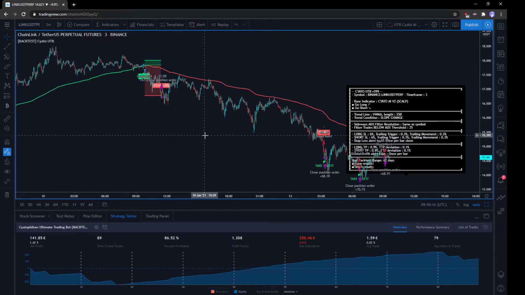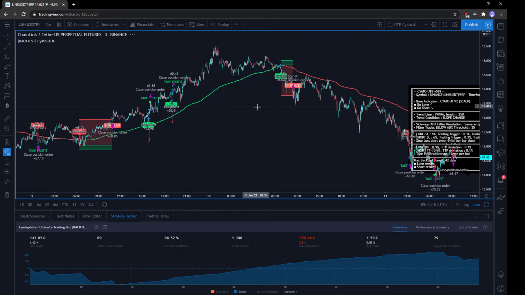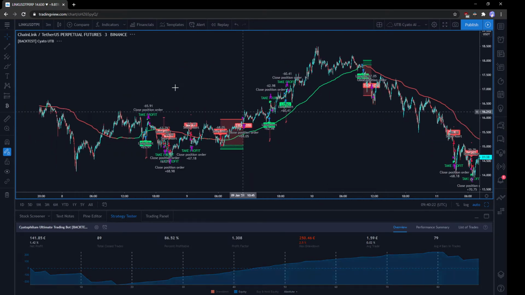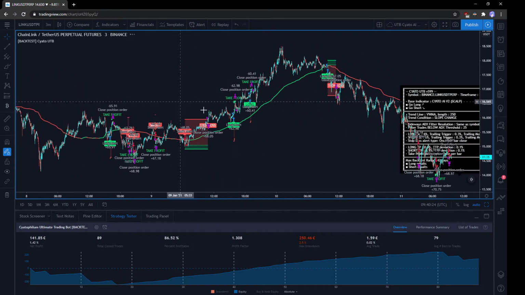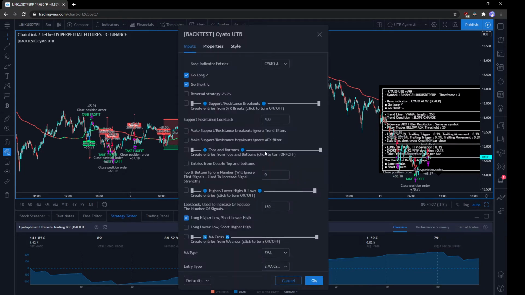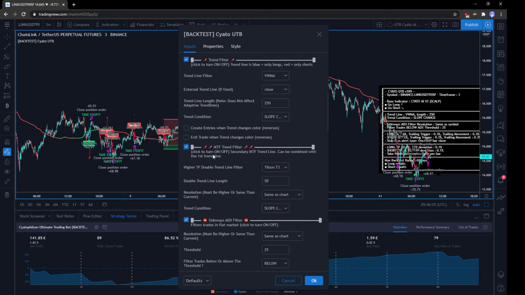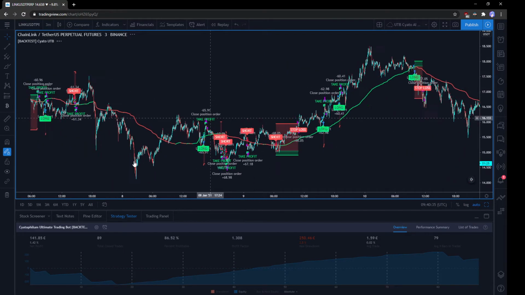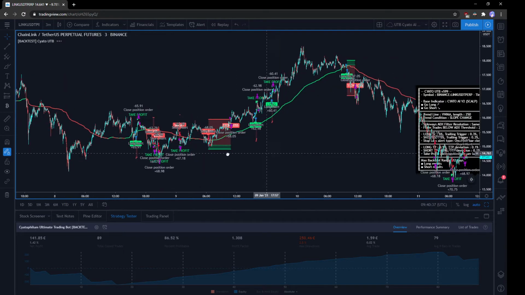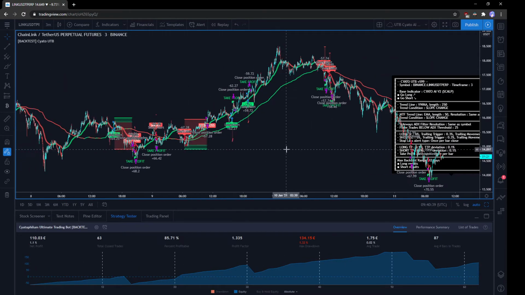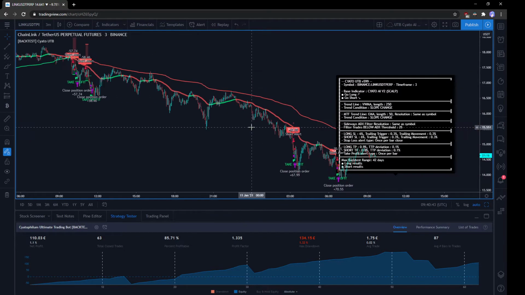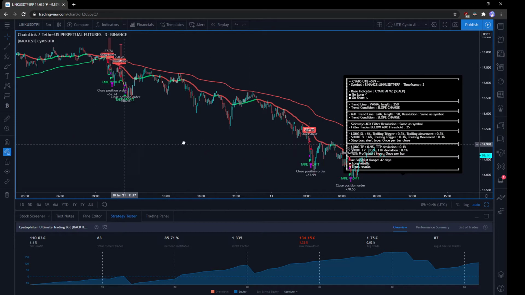And the indicator is loading. Okay, so we're getting something like this. So here as well, I'm going to add right now the double trend line, like I did with the ETH, since it seemed to work well. Okay, so we're getting something like this.